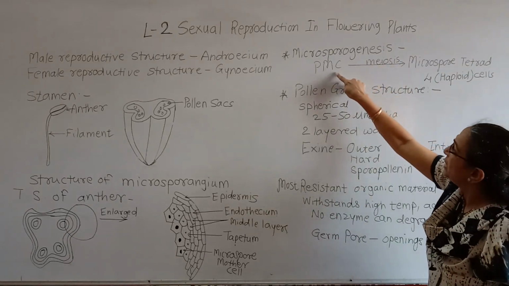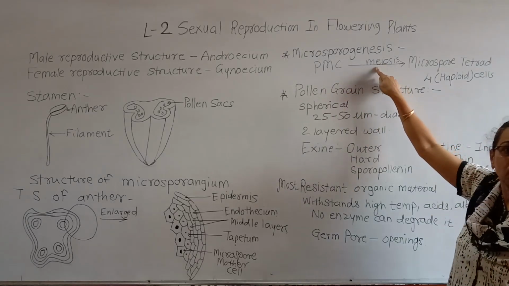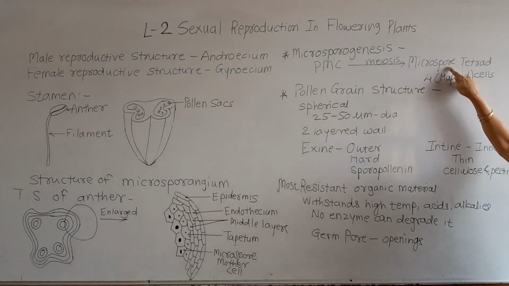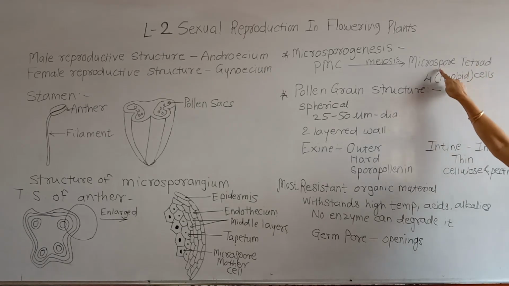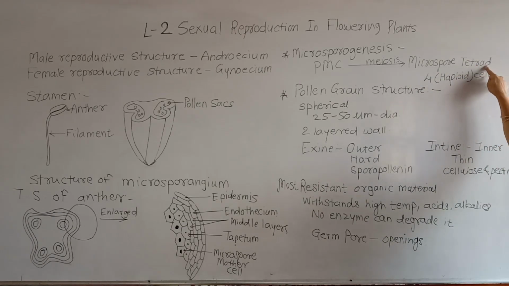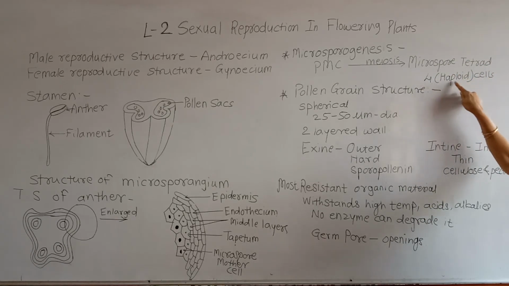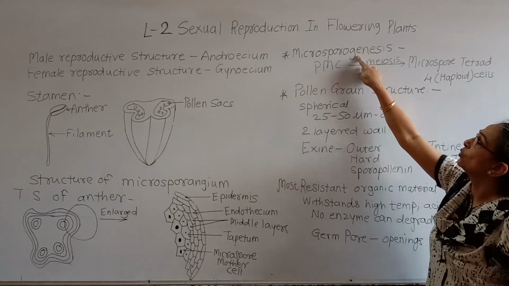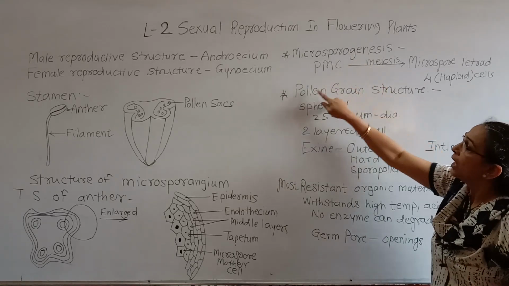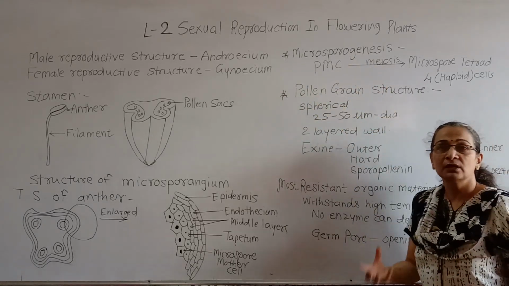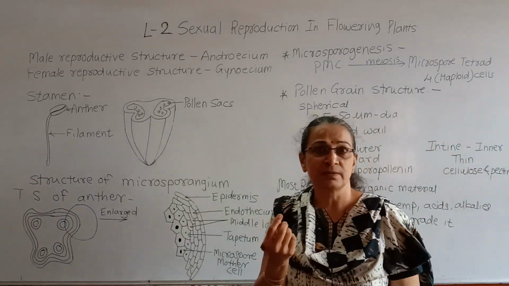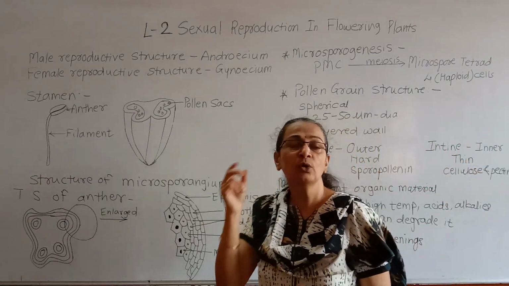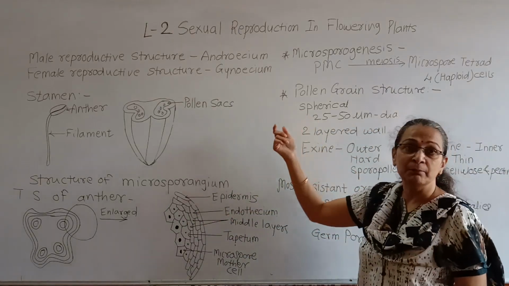So these PMC cells undergo meiotic cell division and produce 4 microspores. That is why it is called a tetrad. Microspore tetrad, that is 4 haploid microspores are produced, and this process is called microsporogenesis.